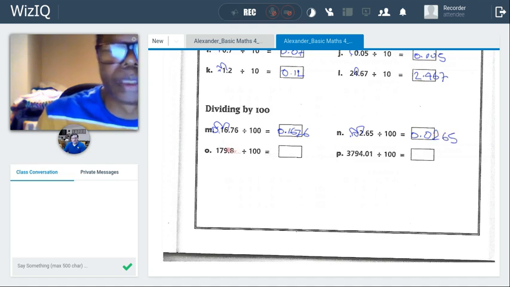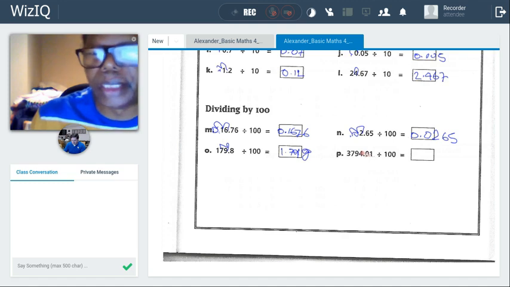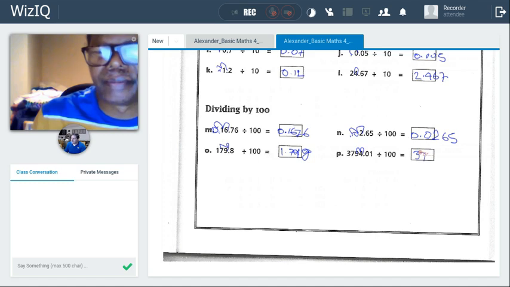This one here we have 1, 2. So it's going to be 1.798. This one here is going to be 1, 2. So it's going to be 37.9401.